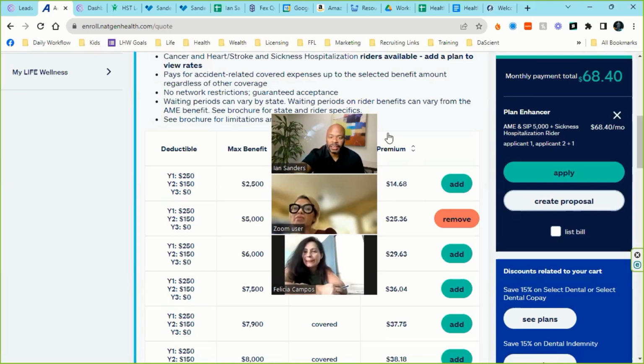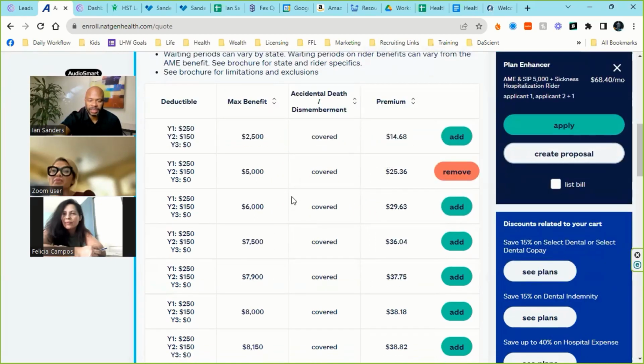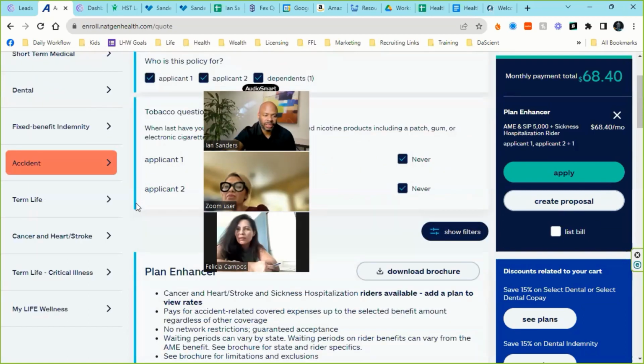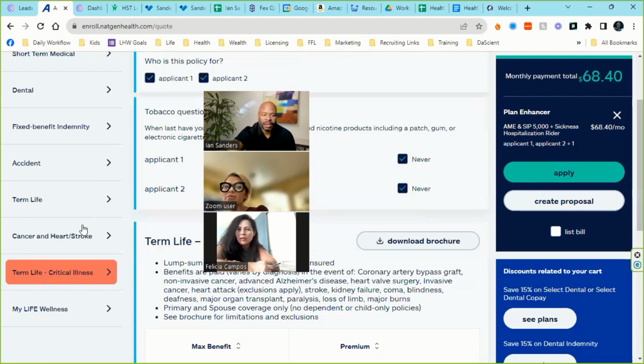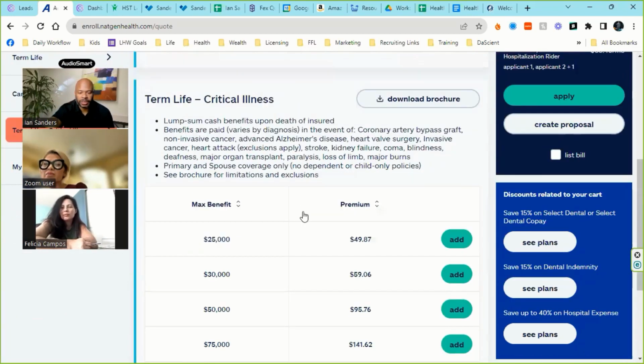Okay. So now that that's done, the next thing that we're going to do is take a look at, let me move this out of the way. The next thing that we're going to take a look at is the term life, critical illness. Now, if they said that they were really concerned about cancer, heart, and stroke, you can also add something like that in, because sometimes people will have a history of that in their family, and that's where I would add that. But the next thing I'll normally do is the critical illness.